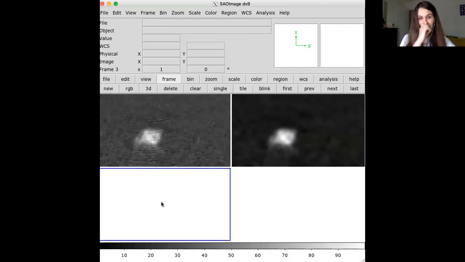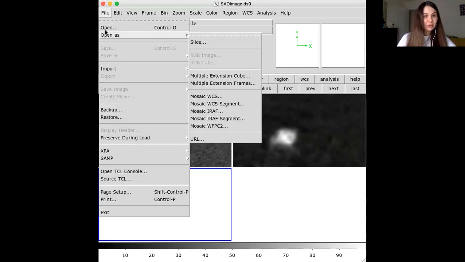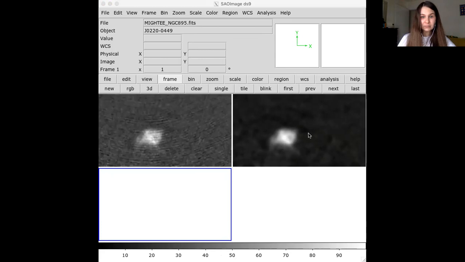So now we have our third window and we open our mask cube, which I saved, I think, in the one directory. Here is our mask cube.